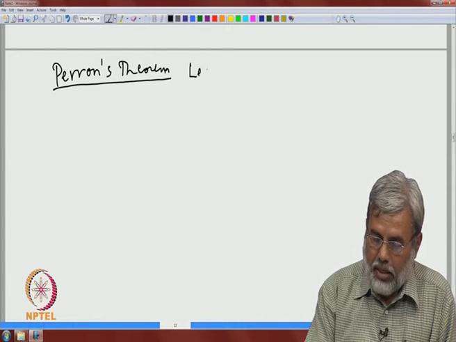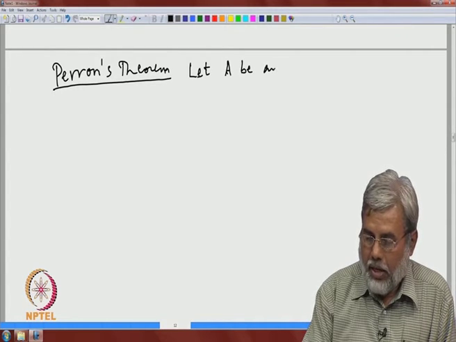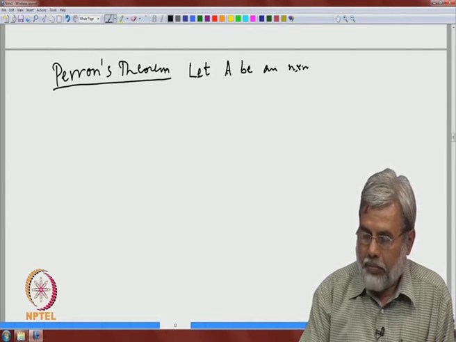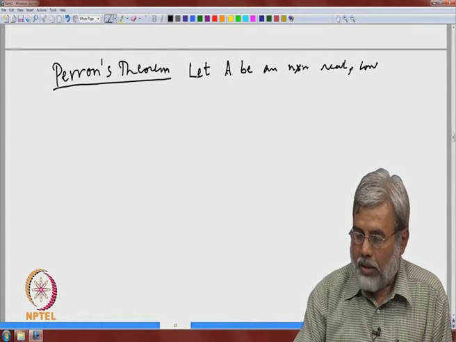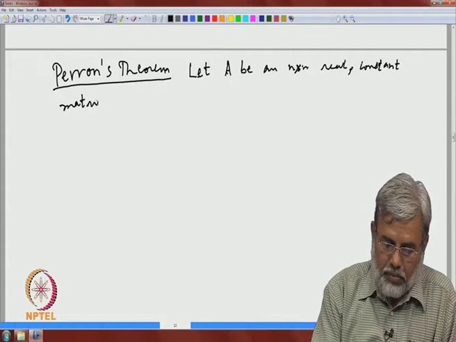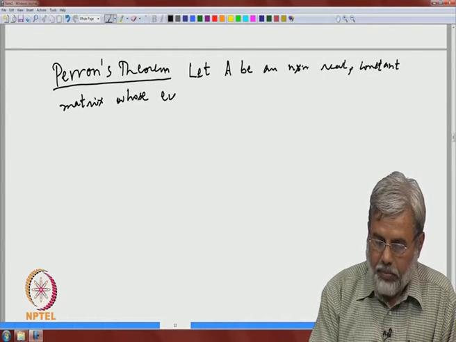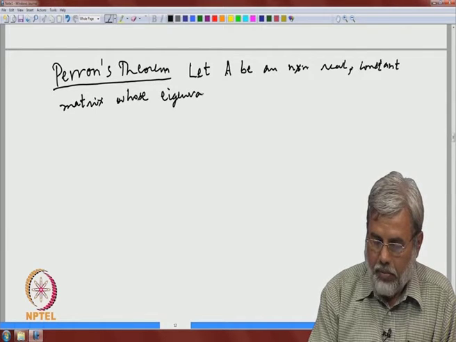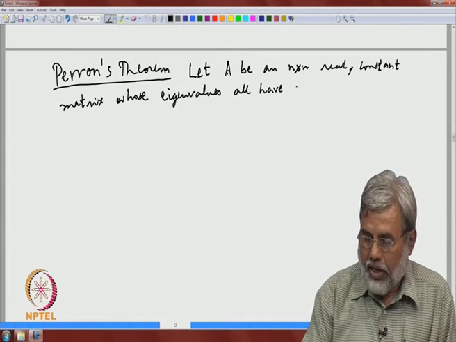Let A be an n by n real constant matrix whose eigenvalues all have negative real part.